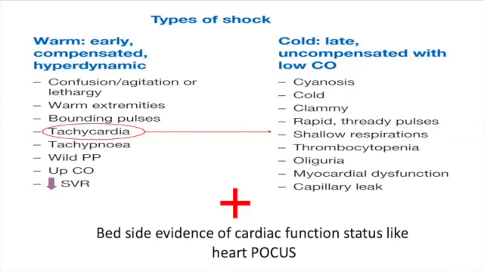So you can decide: the child is in warm shock, then norepinephrine if cardiac function is normal. If cardiac function is impaired, then please do not start norepinephrine, because it may worsen things as it will increase the afterload. Epinephrine will be the best option. In cold shock with myocardial dysfunction, epinephrine would be the best option.